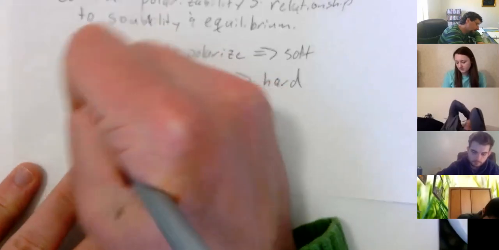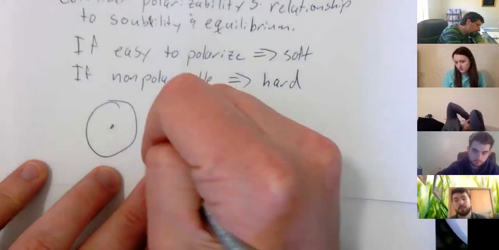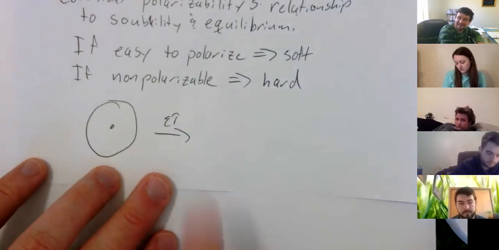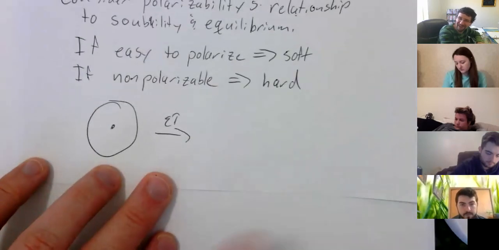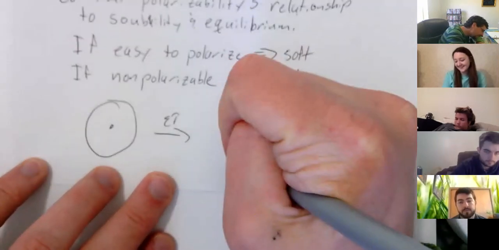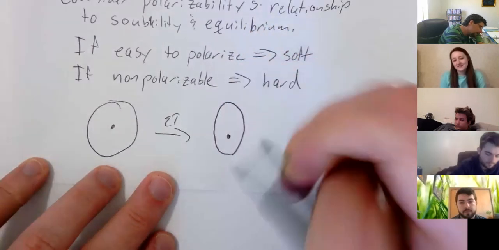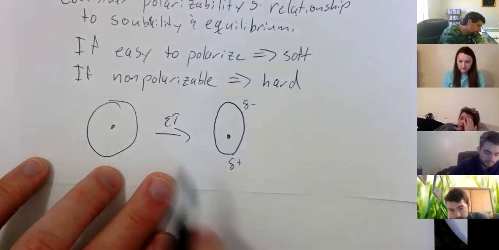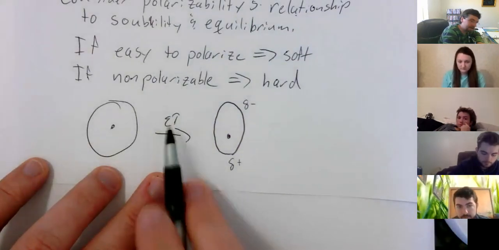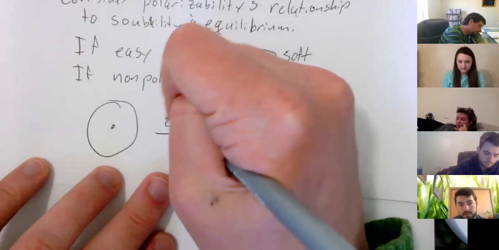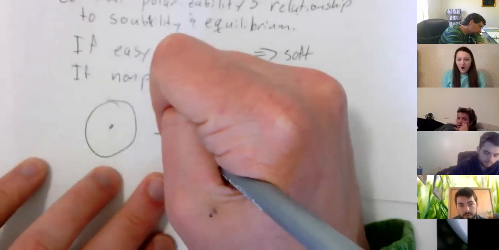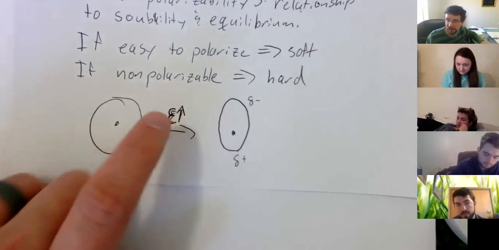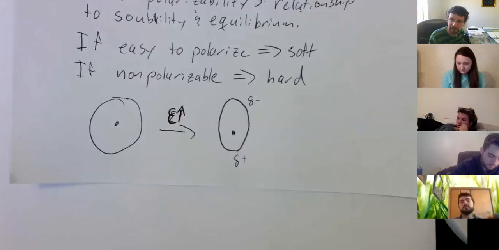So if we have this, and that's our electron density, and we apply an electric field in the Z direction, how much will it move? That's epsilon, and you usually use that to denote an electric field. It just tells us what direction the electric field is being applied.